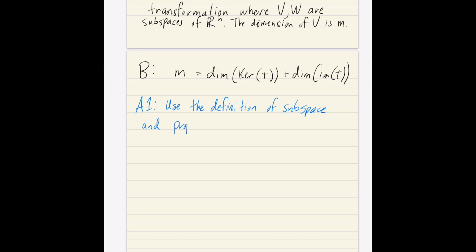It is proposition 5.52 to verify that the kernel of T and the image of T are subspaces.